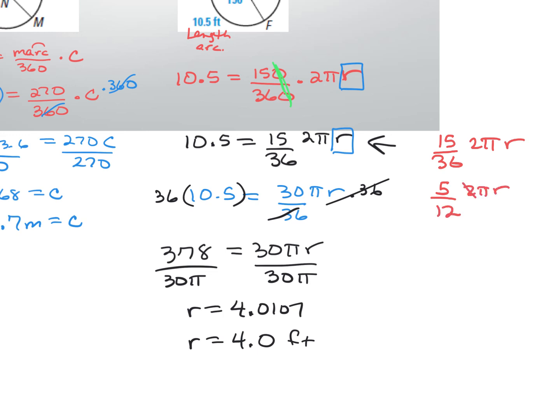And then I could also simplify the 2 and the 12, and get it down to 5/6 pi r equals 10.5. And then it makes it a little bit easier. But again, you're using a calculator. Technically, you could have left it up here and just isolated r with the 150 and the 360 as well. But again, if everybody were in here, we would not be using calculators. You'd have to simplify it by hand.